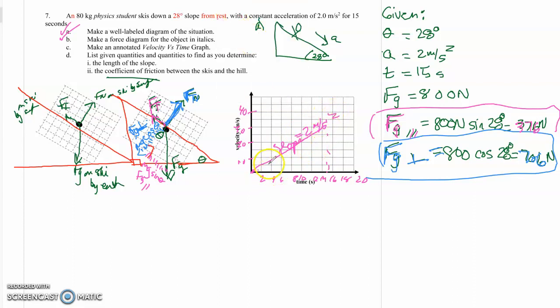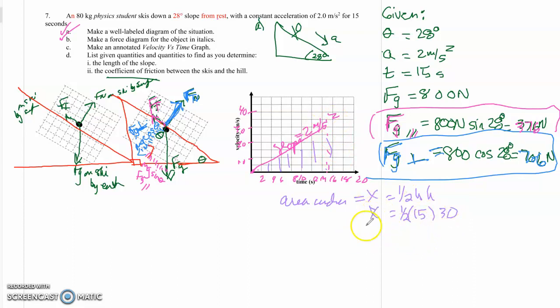Then I could know that the area under the graph is going to equal the distance covered, right? And it's going to equal 1/2 base times height, which in this case would be, let's see, the base is, what do we say, 15? 1/2 times 15 times 30.